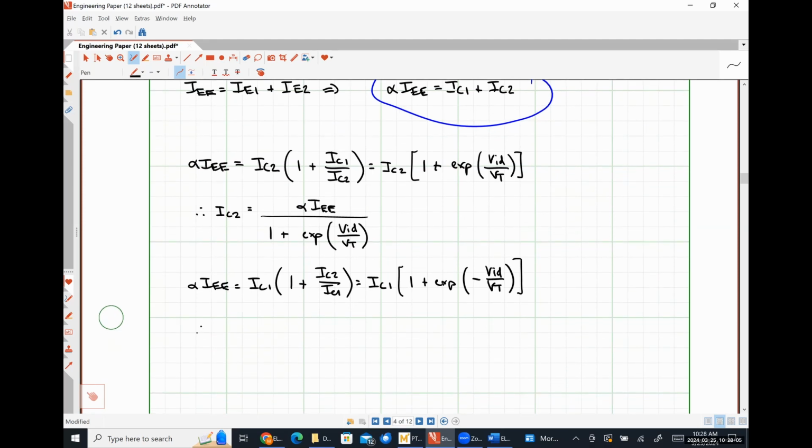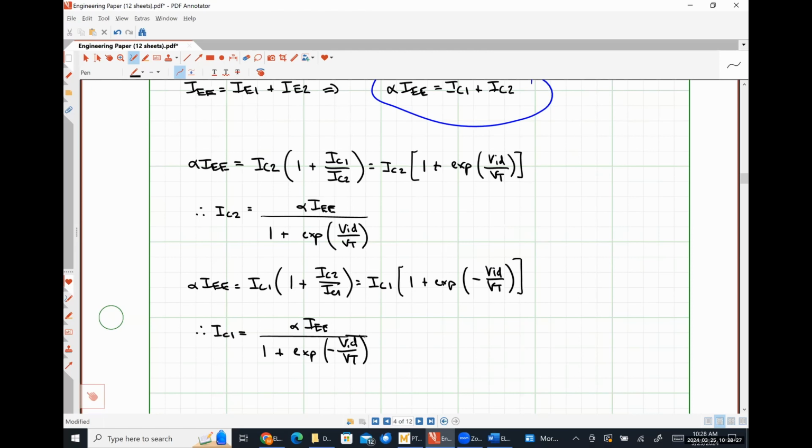From this, IC1 is going to be alpha IEE divided by 1 plus exponential of negative VID over VT.